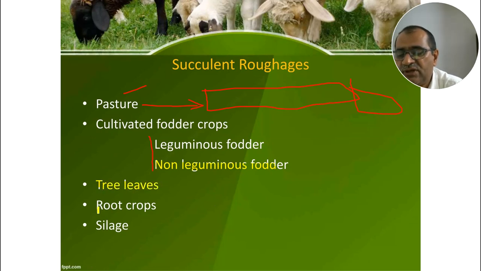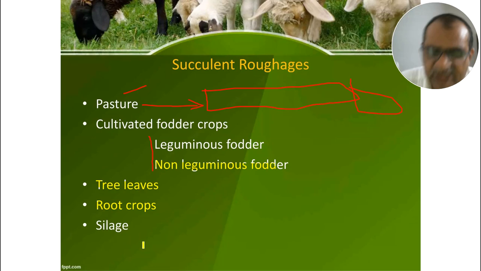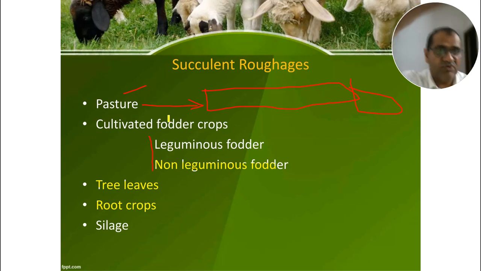Another variety is tree leaves, and some of the crops are root crops, which originate from the roots. Silage is another technology where we can store green fodder for a longer time for use when fodder is not available. Succulent fodders are always available whenever there is sufficient moisture and irrigation facility.